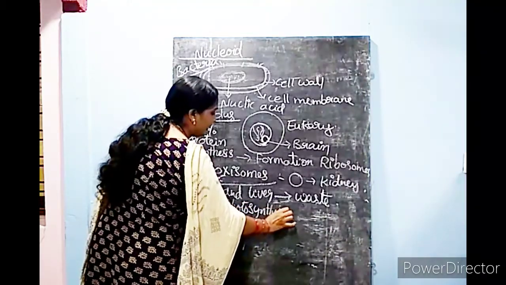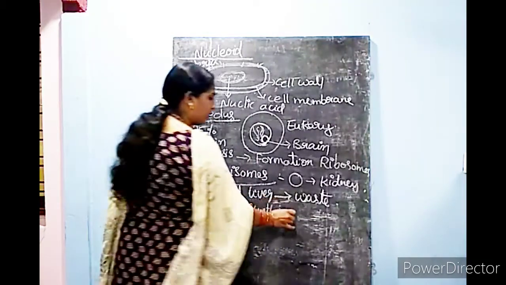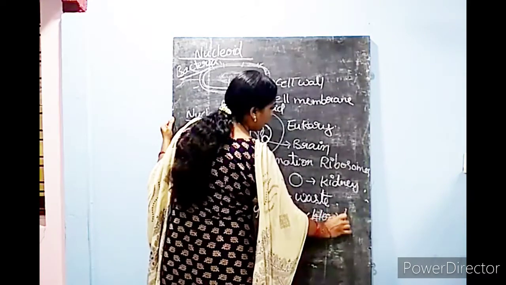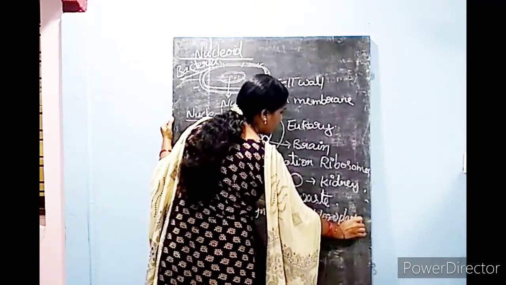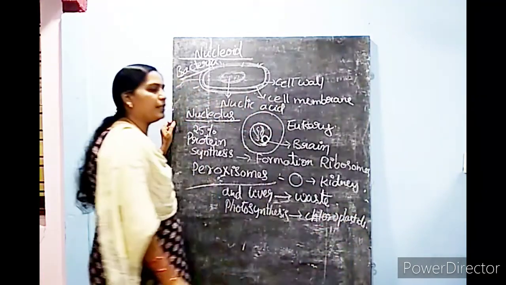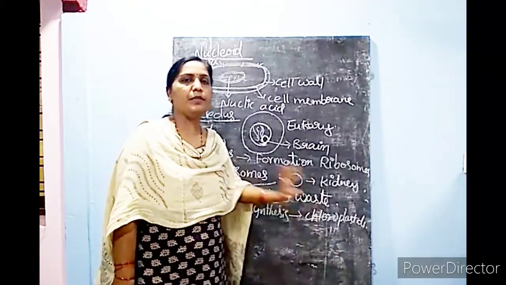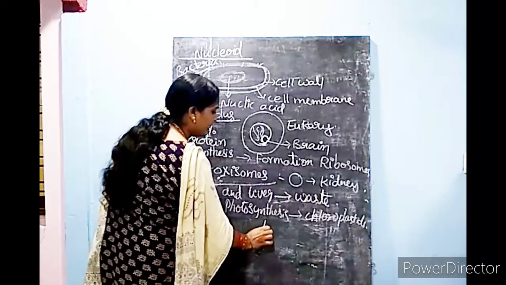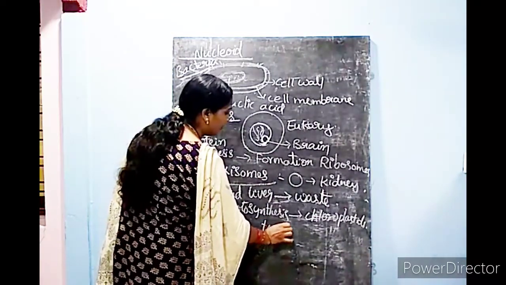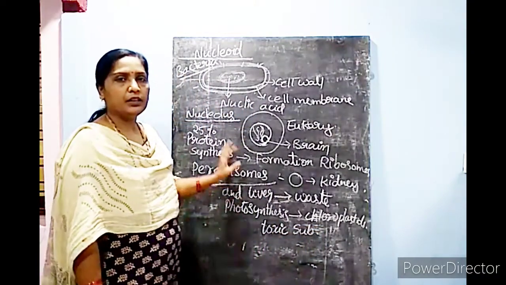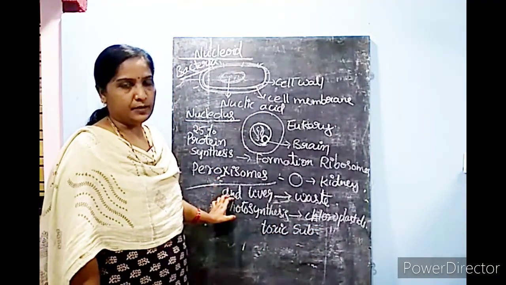Which cells help in photosynthesis? Our chloroplastids, as we discussed yesterday, right? In chloroplastids, these peroxisomes are present and help to remove toxic substances from cells, keeping the organism healthy.